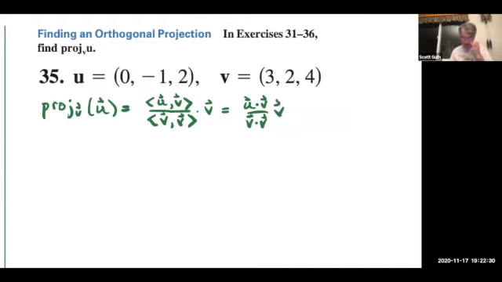Okay, so U dot V, just for that numerator, looks like 0, -2, and 8. So it's -2 plus 8, which should be 6. And the denominator of V dotted with V, so that'll be 9 plus 4 is 13, plus 16 is 29. So that doesn't reduce. And then times V, which is 3, 2, 4.